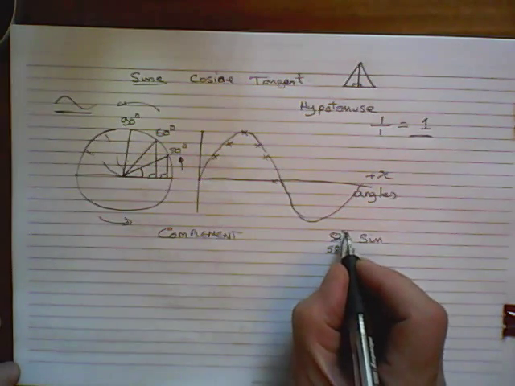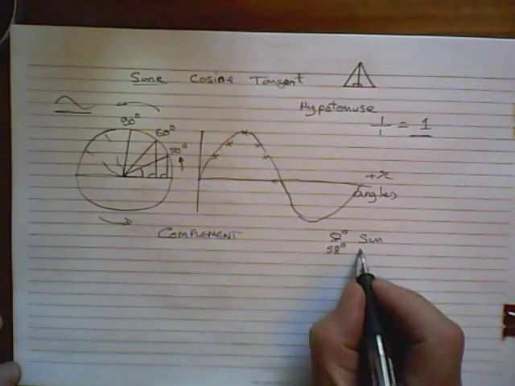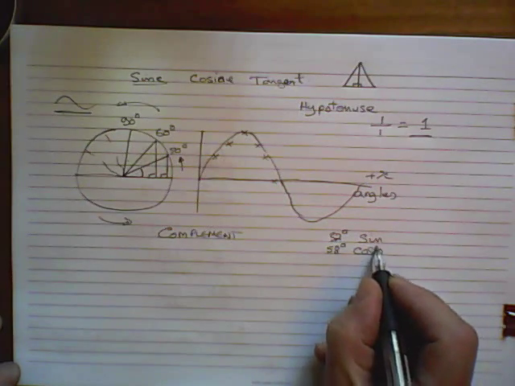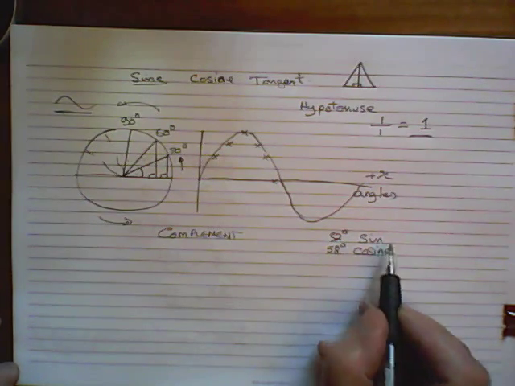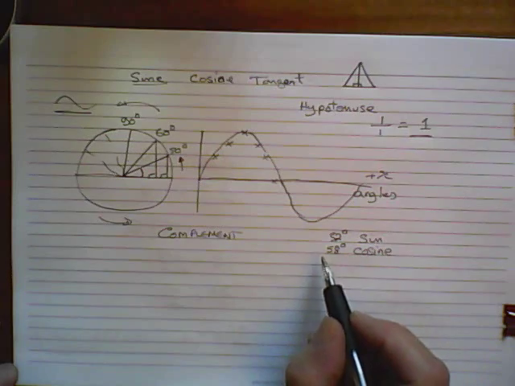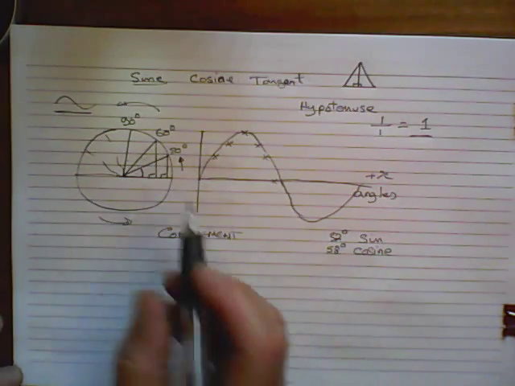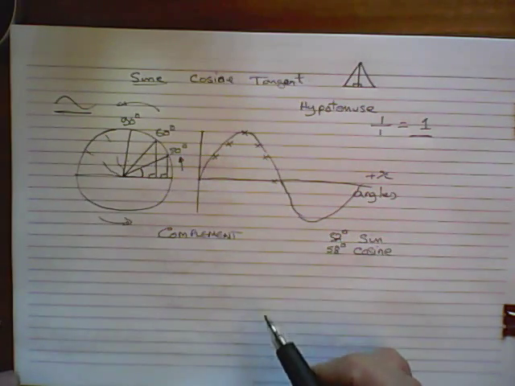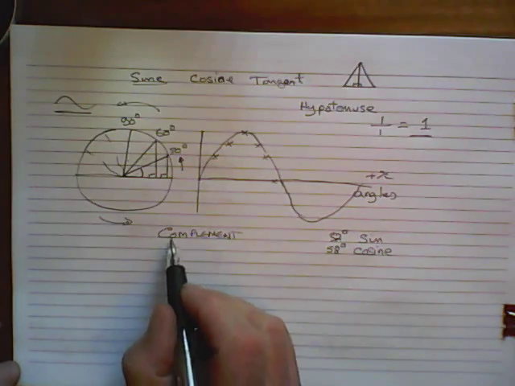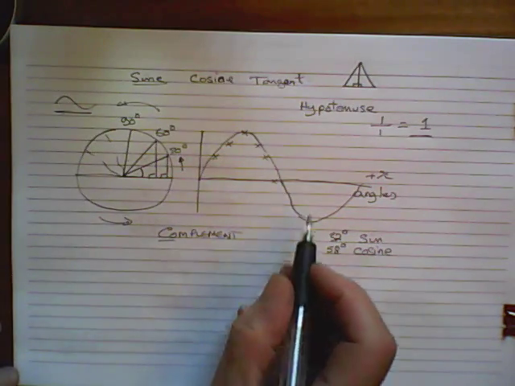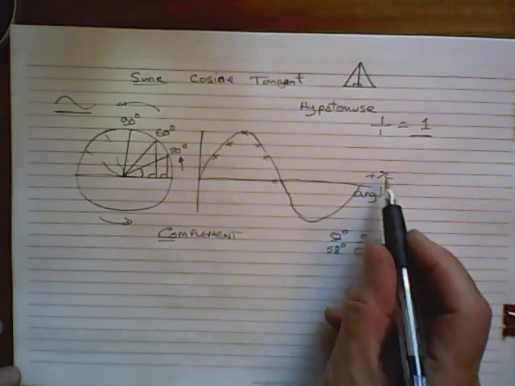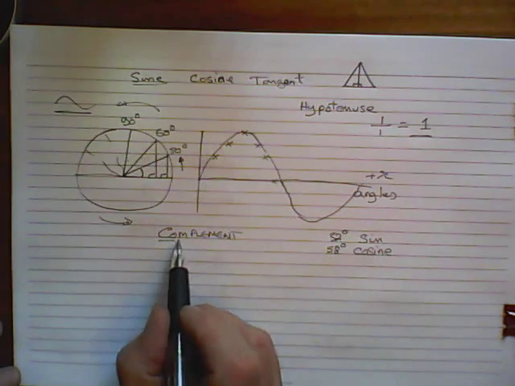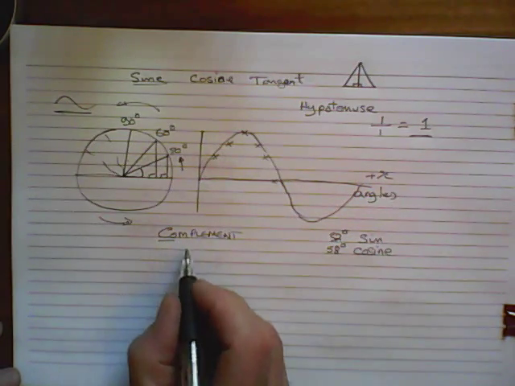Now, the cosine, this is degrees. The sine of 32 is a number, and the cosine of its complement, to bring it up to 90, is 58. Therefore, it is the complement of the sine. The cosine is the complement of the sine.